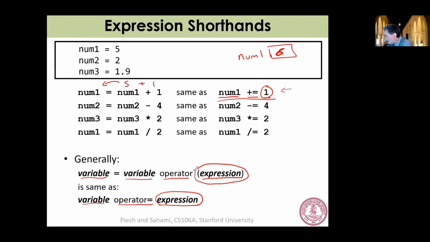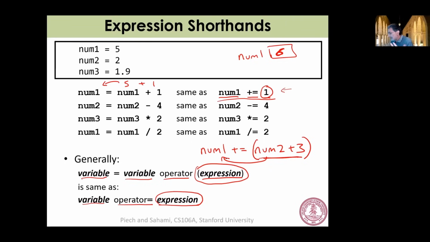So if I had some complicated expression like num1 plus equals num2 plus 3, what Python would do is think about parenthesizing this and evaluating all of this expression before it then adds that to num1, just so you know how that works. Okay, so that's one of the ideas there.